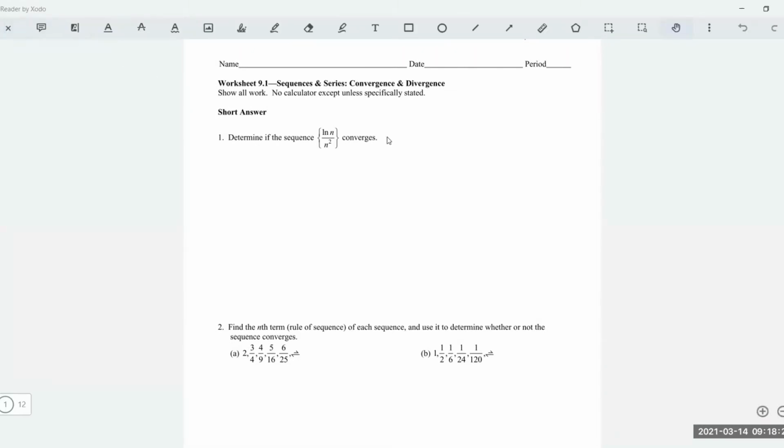To determine if this converges, I'm going to be using L'Hopital's rule. L'Hopital's rule tells us that we can find the limit of this as n approaches infinity by finding the derivatives of each.